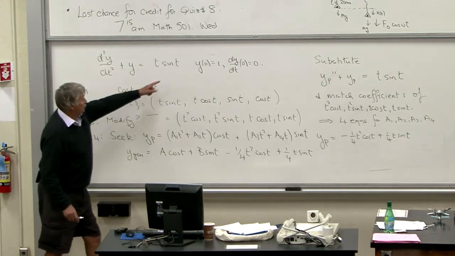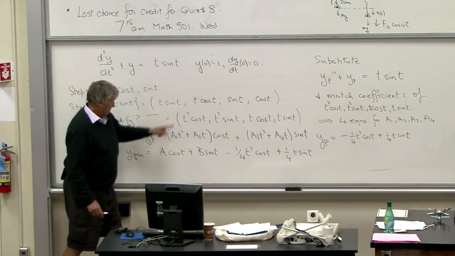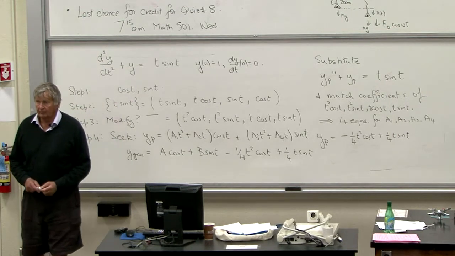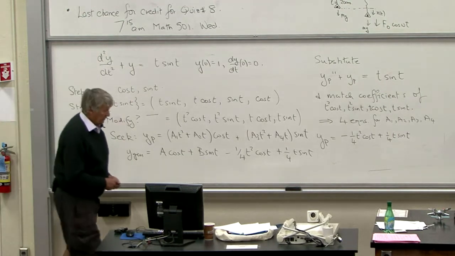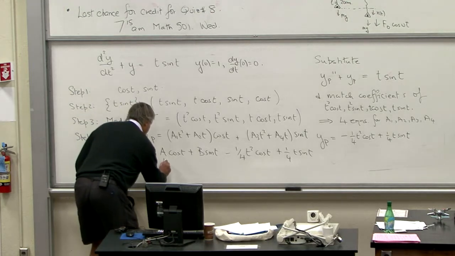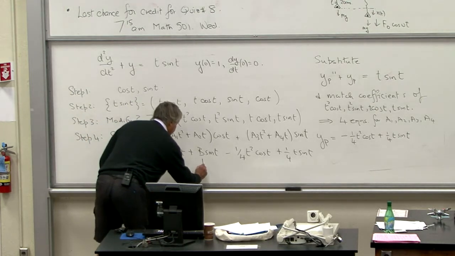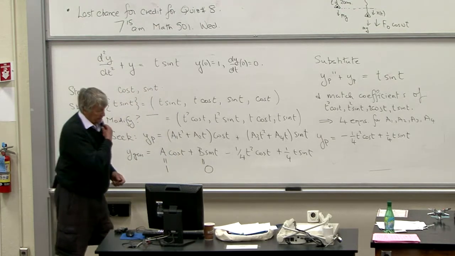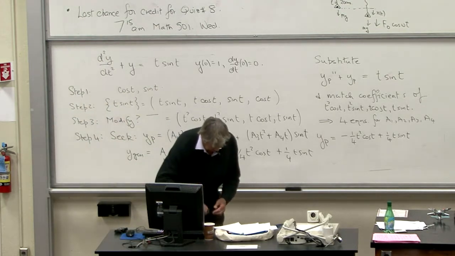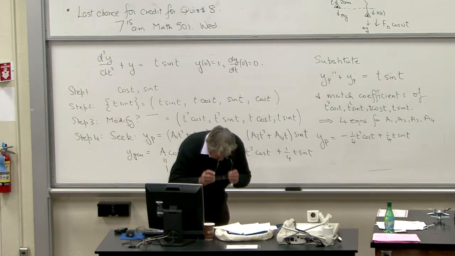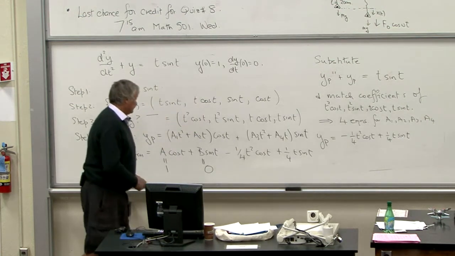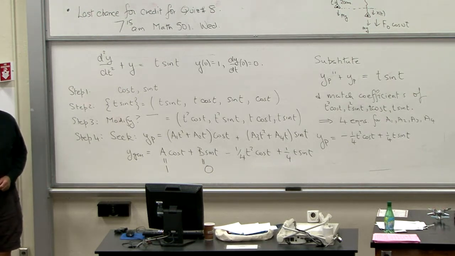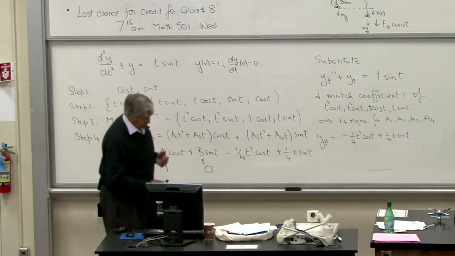You use the 2 initial conditions to find A and B. And what you'll find, I believe, is A turns out to be 1 and B turns out to be 0. Okay. Let's try another example.